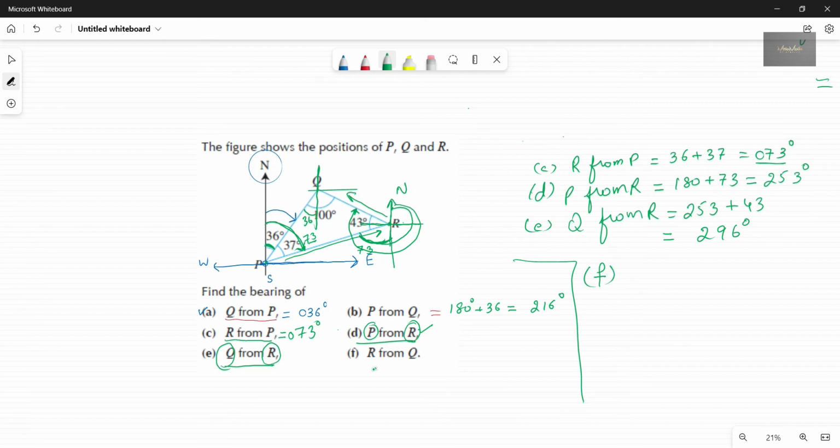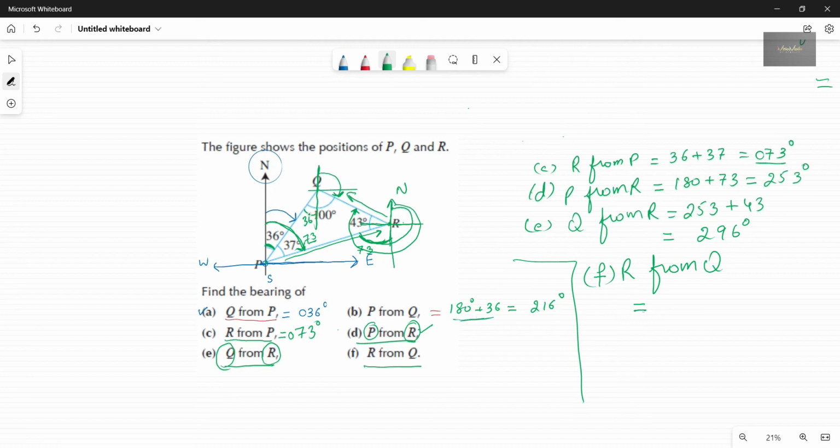Okay, and similarly the last part, F part. In F part we need R from Q. Now this time Q is the origin and R is the destination. We are coming backward from Q to R, right? So the bearing axis should be this one, at Q. Now this is easier, and we have to use the previous answer. You can see that this was 100 degrees given inside the triangle, and similarly this part of the angle was 36 that we used in our second part, right?